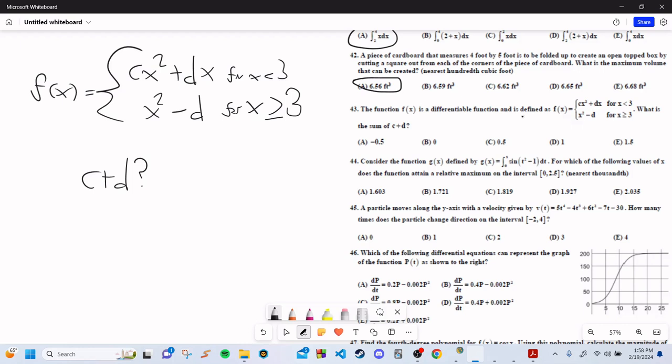Okay, so for a function to be differentiable, two things need to be true.